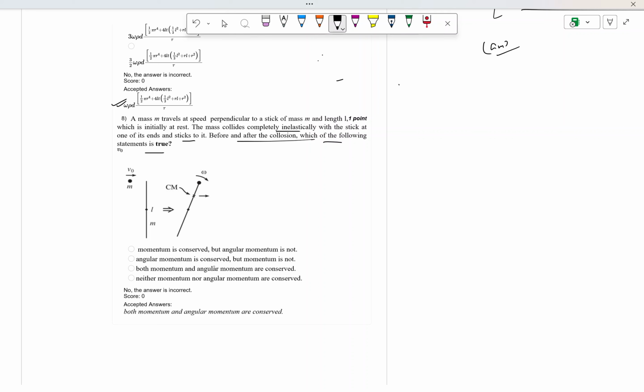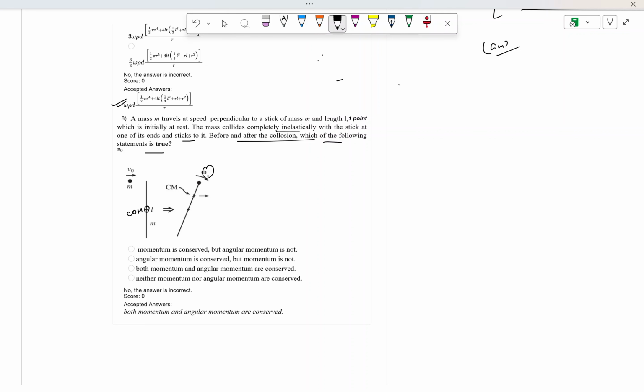In this case, because this rod was initially at rest and this was its center of mass, now this mass m is traveling perpendicular to the stick with a speed v0, and it collides with the stick and gets stuck at the end of the stick, and in the process also rotates the stick a bit.